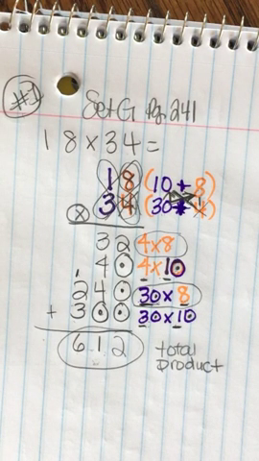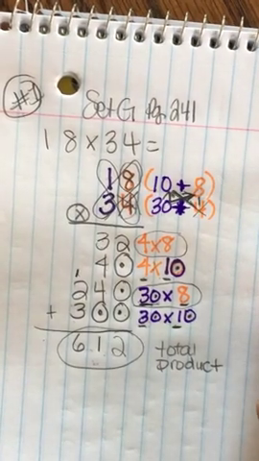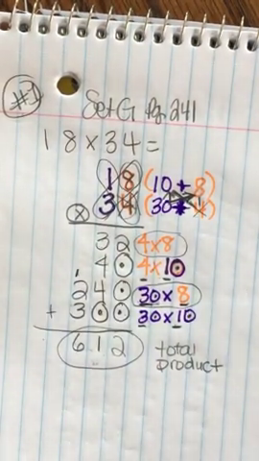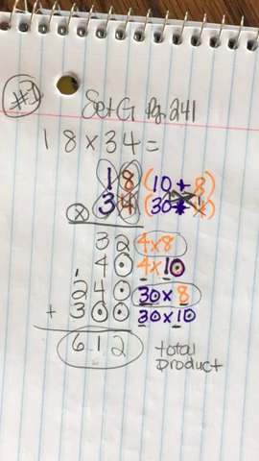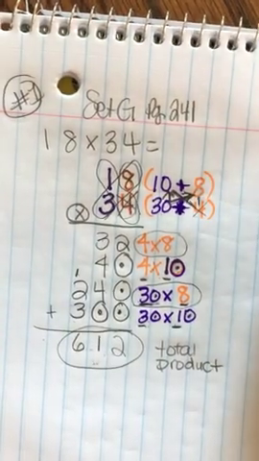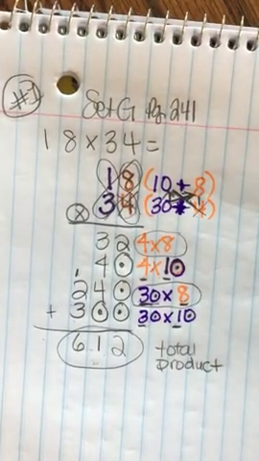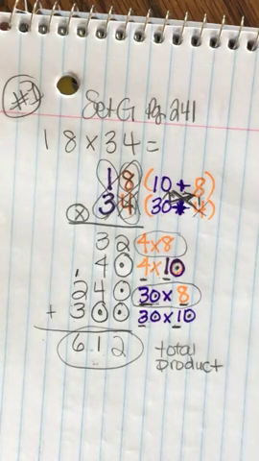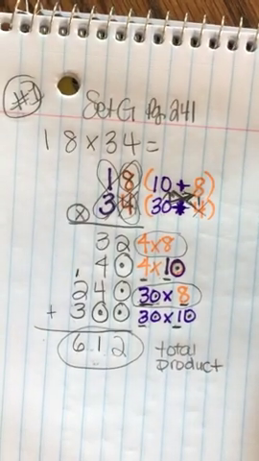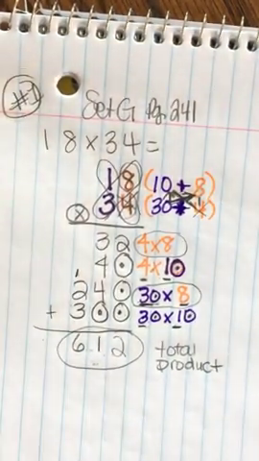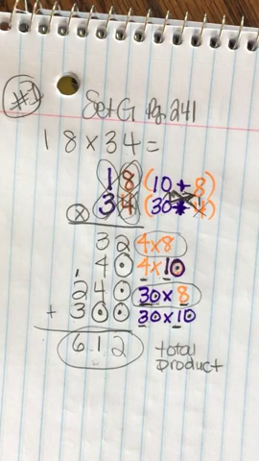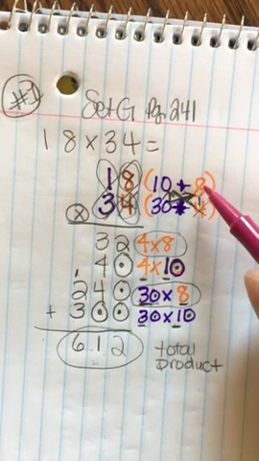Okay, let's tackle number 5, which is 22 times 66. I'm gonna switch colors just for the fun of it. So my 10s are going to be pink, and my 1s are gonna be green. I'm gonna write it out a little bit different way for you so you can see this part a little bit better.